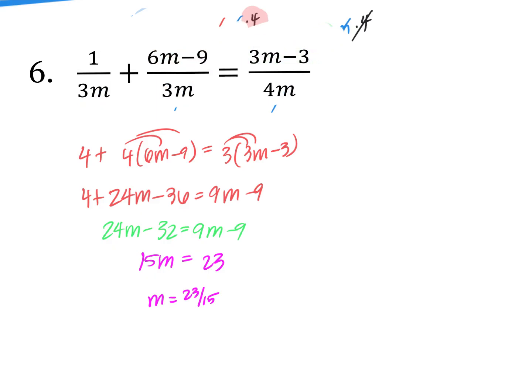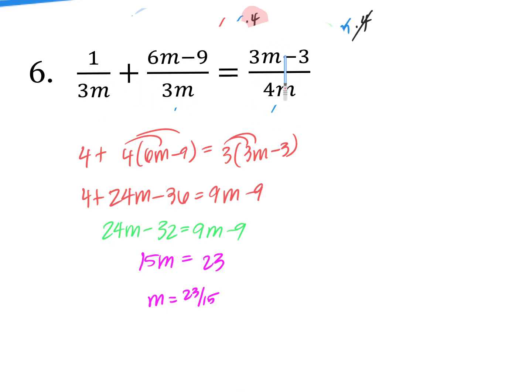So I'm going to go type in 1 over 3x plus 6x minus 9 over 3x. And what do you think that they're putting in for x? That 23/15ths, right? They're putting in that 1.533. So this left side is that. You're like, well, that's hideous. That's gross.